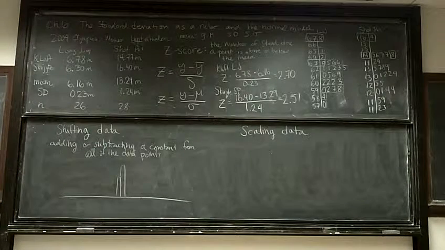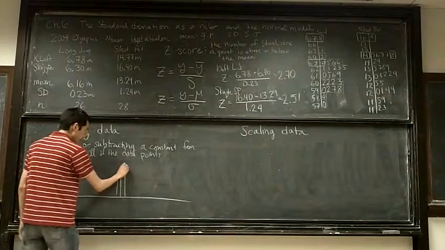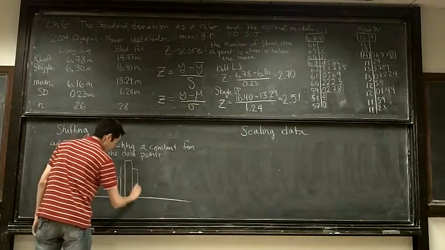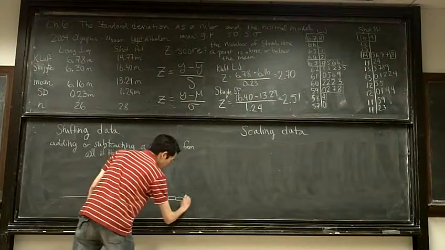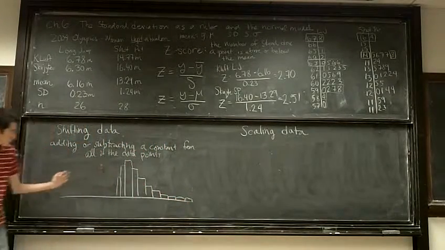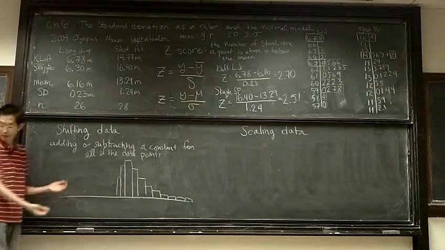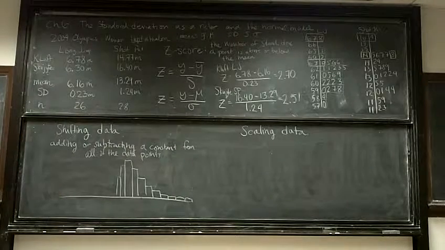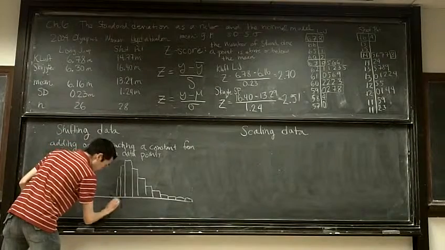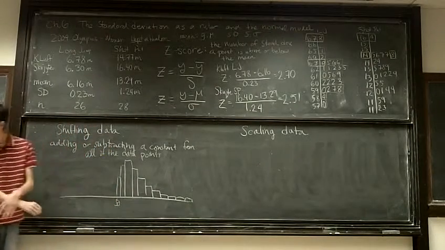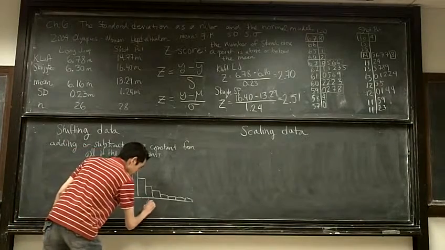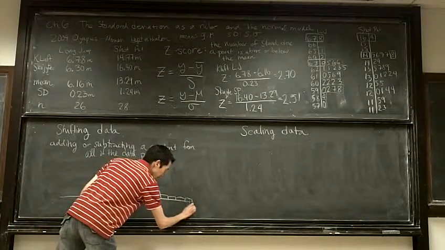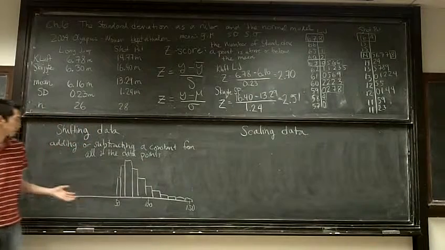Let's say we looked at the weight of some people, and let's say it was right skewed like this. This is in kilograms, so we've got 50 kilograms, and it extends up to 100 kilograms out to 150 kilograms or something.